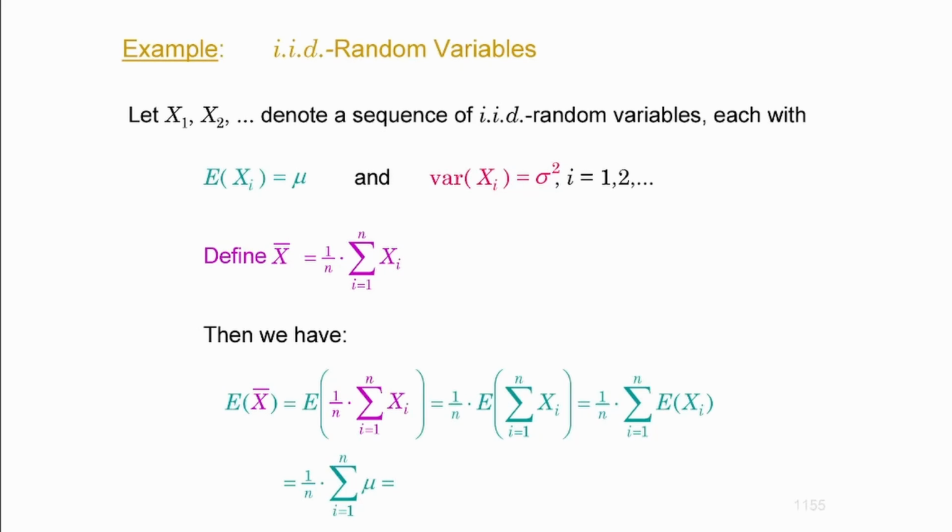So 1 by n times the sum of these mu's is equal to 1 by n times n mu, and that equals mu. So the expectation of the arithmetic mean is equal to the expectation of the respective random variables from which the arithmetic mean was constructed.